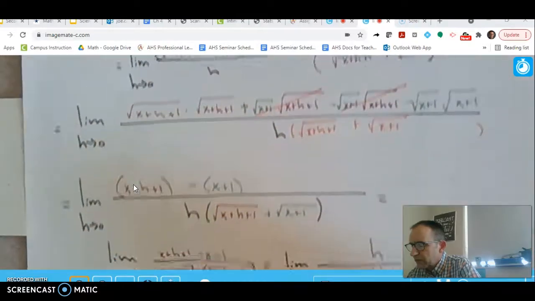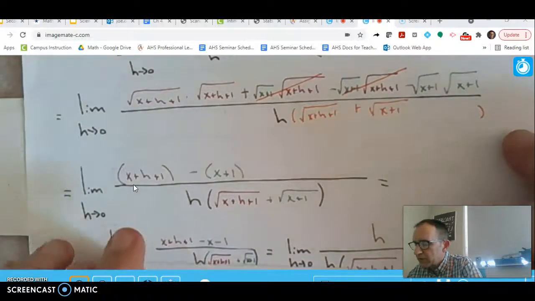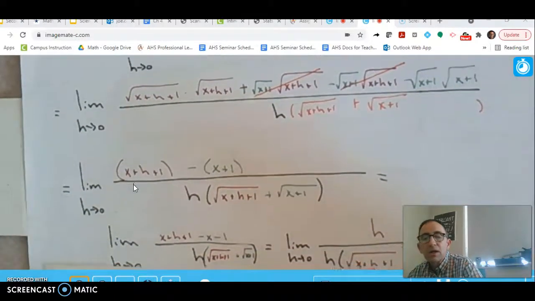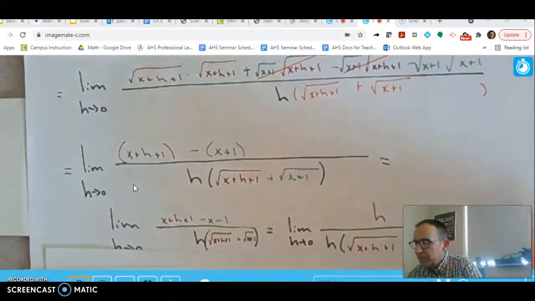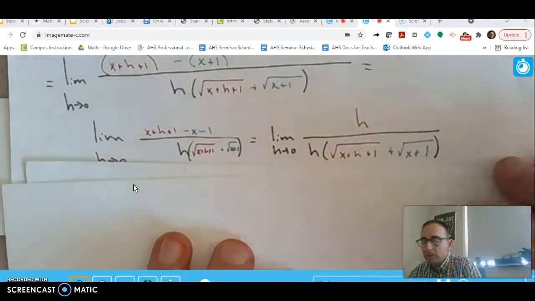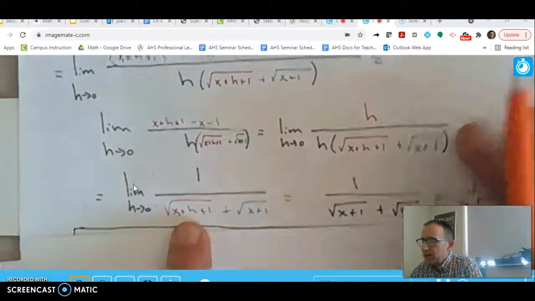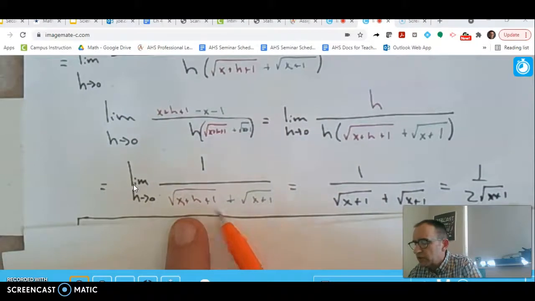We can cancel out the x's. We can cancel out the 1's. And that'll leave us with a factor of h in the numerator, a factor of h in the denominator, and then we have our conjugate in the denominator as well. The h's will cancel out, and now we have an expression where we can allow h to go to 0 without getting 0 over 0.